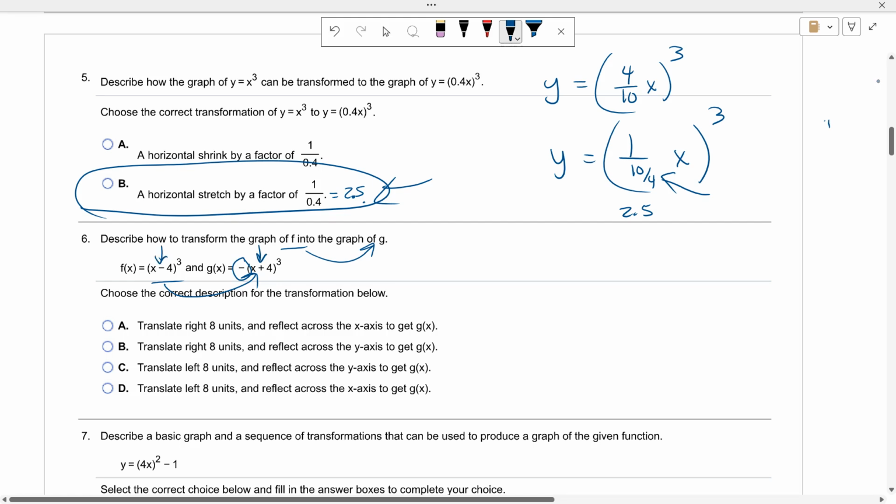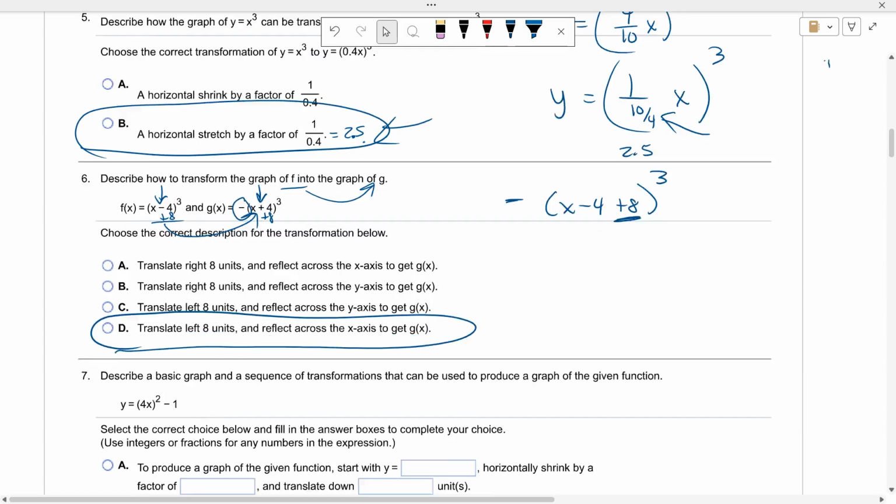So we really added 8 to this one on the inside, because it's x minus 4 plus 8 cubed, and then put a negative on the outside. The negative on the outside flips it over the x-axis, and then we add 8 on the inside, moves it where? Left 8. Left 8 across the x-axis.